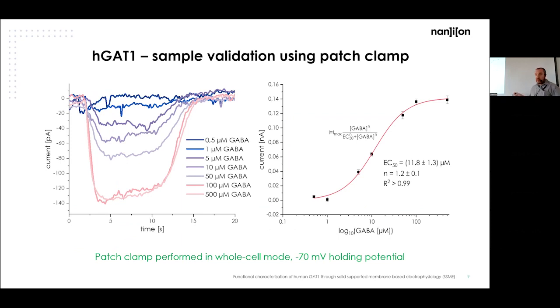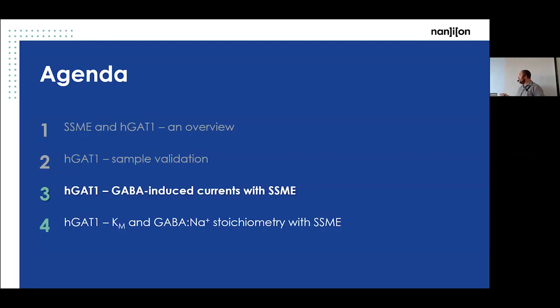I performed it in the whole cell mode, and I kept the voltage hold at minus 70 millivolt, as usually is the neuron resting potential. And luckily, again, I was able to see these nice currents here. I did the Hill plot of the currents, and I found this EC50 or Km of around 12 micromolar. That is very good agreement with the literature results.